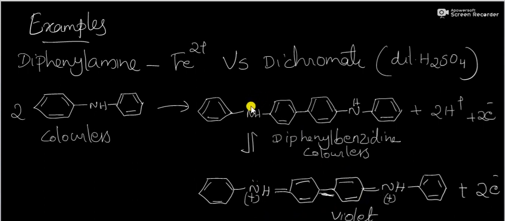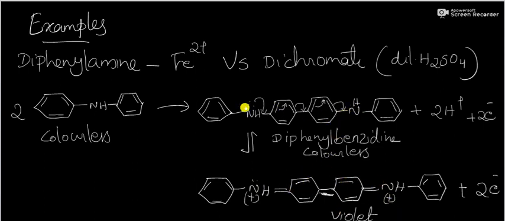When the lone pair of electrons present in nitrogen shifts to this bond, this double bond will shift to this bond, then this double bond will shift to this bond, and this double bond will shift to this bond.